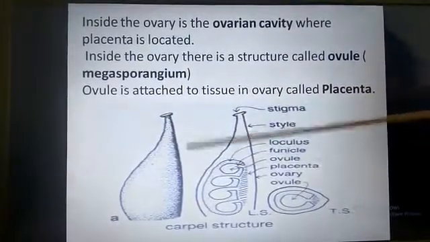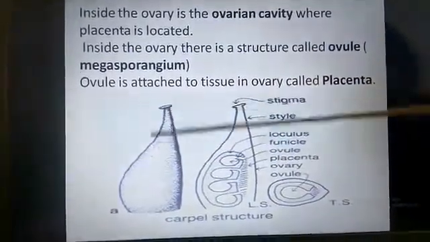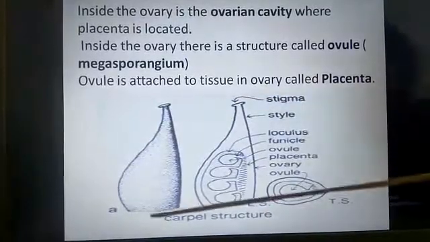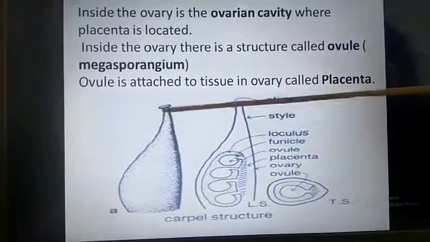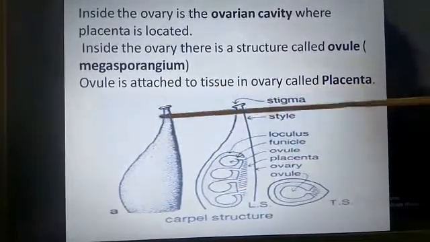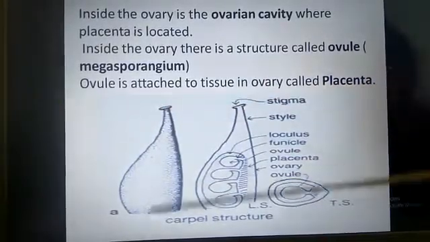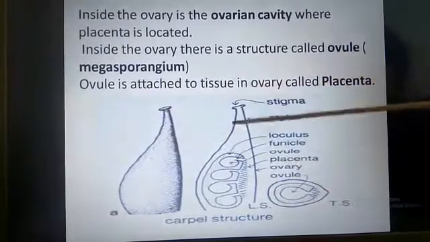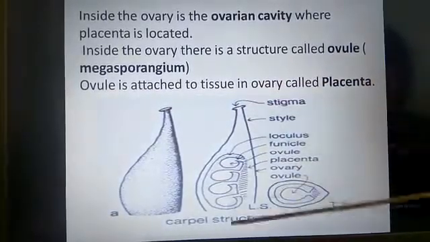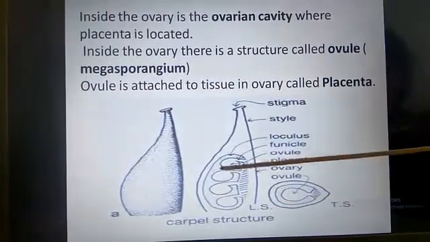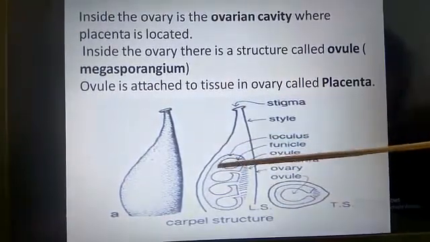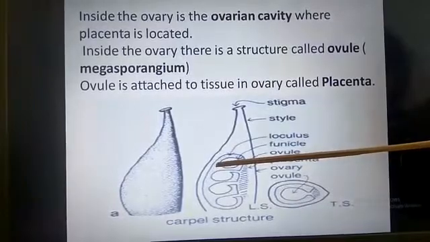Now look at this picture. This is the picture of a pistil. It has stigma, style, and ovary. Now if you give this pistil a longitudinal cut, this is what we are going to observe: longitudinal section. You see in the ovary part, there is a cavity here.